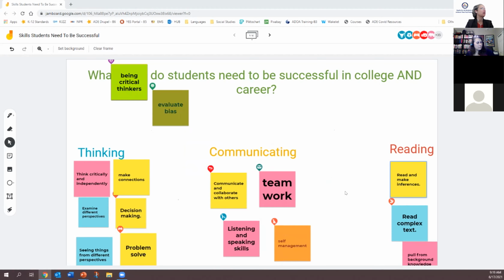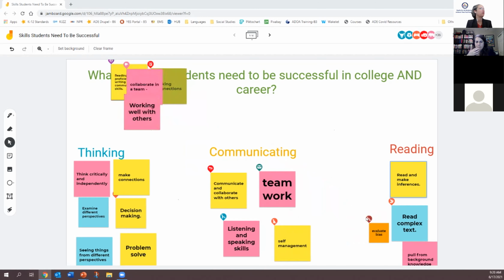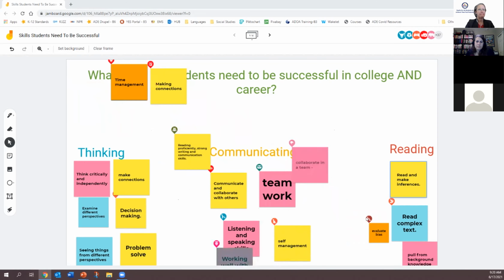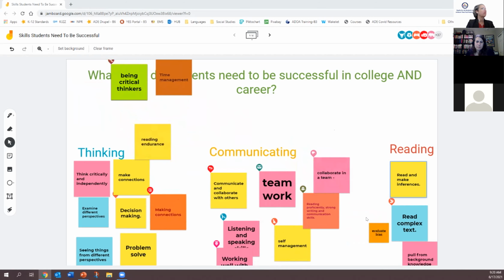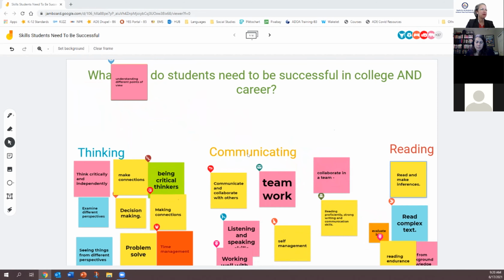Self-management. Oh, evaluate bias, that's a wonderful one. Collaboration, working well with others. I've got some great ones. Oh, identifying motives, time management, reading endurance. Oh, these are all fantastic.